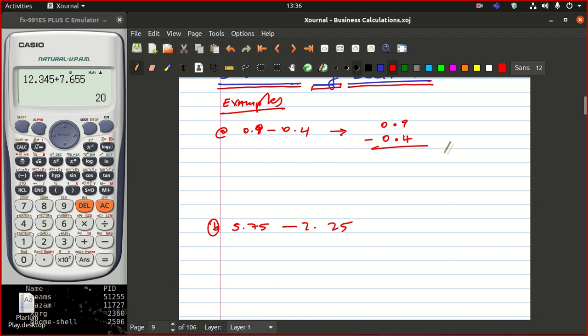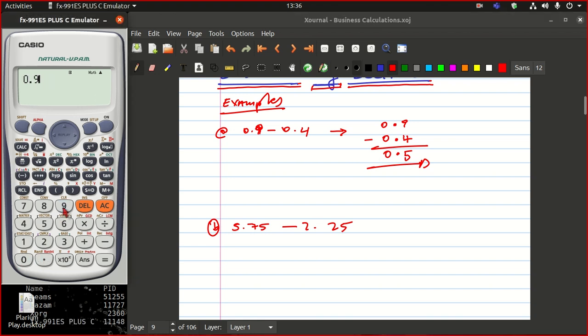And then you ask yourself, what is 9 minus 4? 9 minus 4 is just a 5, a dot and a dot is just a dot, 0 minus 0 is just a 0. So we have 0.5, or you can test it: 0.9 minus 0.4, you have 1/2, and 1/2 is just 0.5.